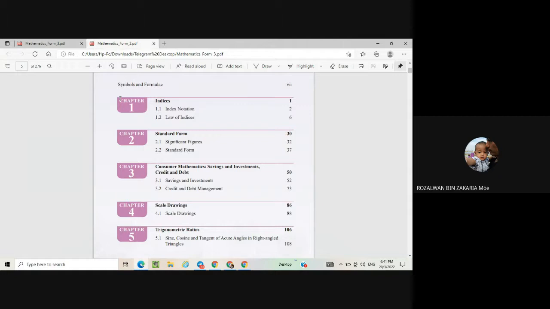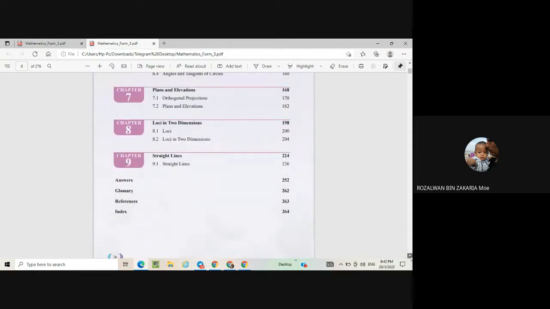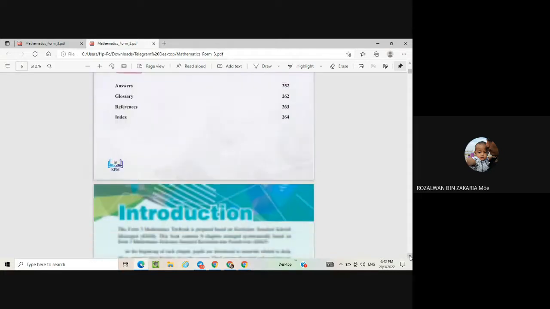For the Form 3 syllabus, you will learn 9 chapters, and all the chapters are very important. Now look at the first one, chapter one, indices.